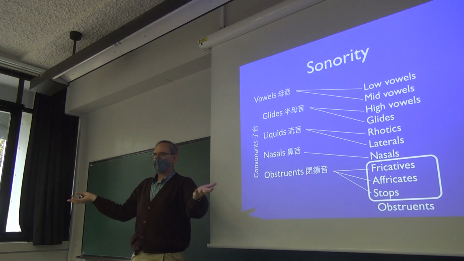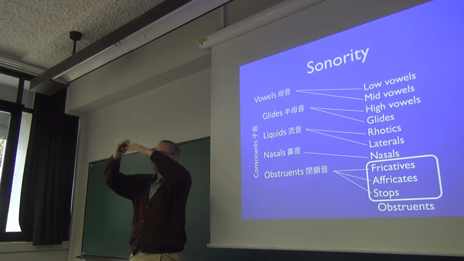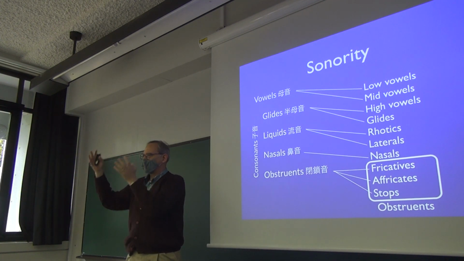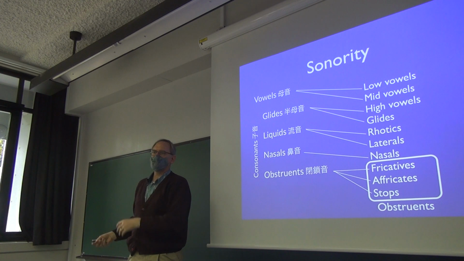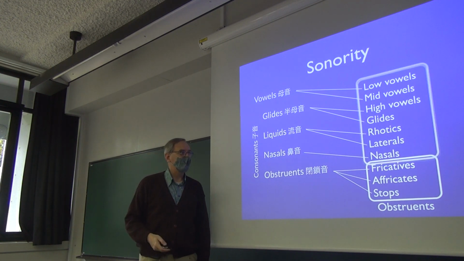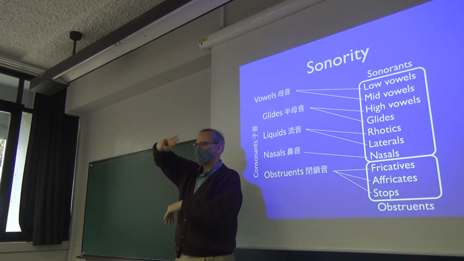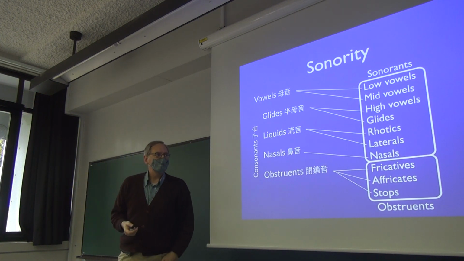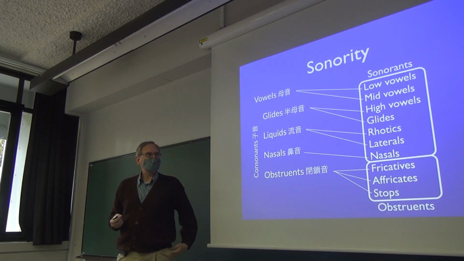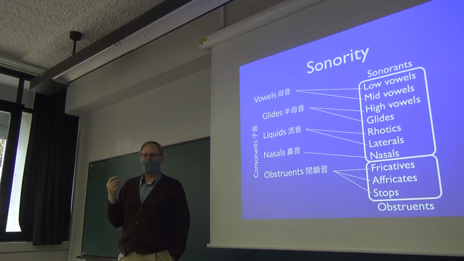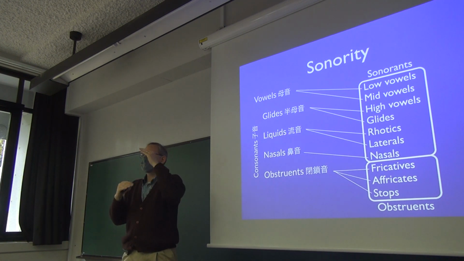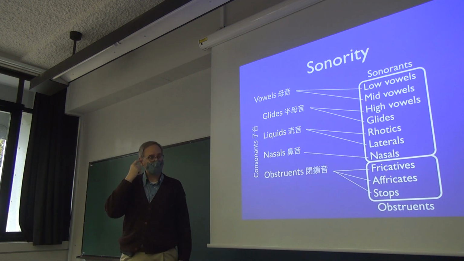So the first way of dividing the entire inventory of segments is to divide them into the obstruents, which includes the stops, fricatives, and affricates, and the sonorants. That's the big division. Basically, obstruents have no sonority. Sonorants have some sonority and different degrees of sonority.